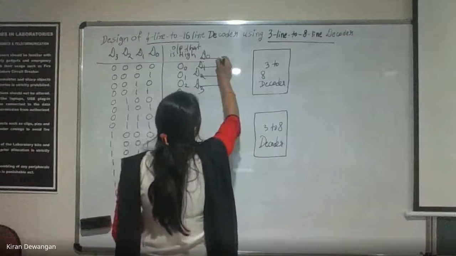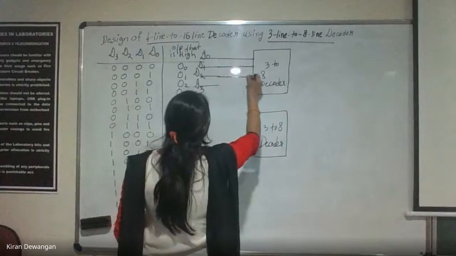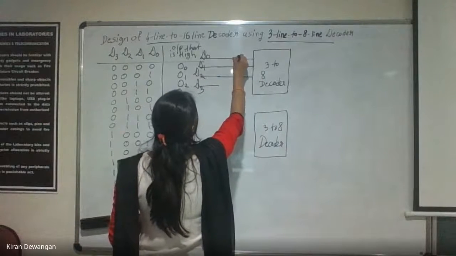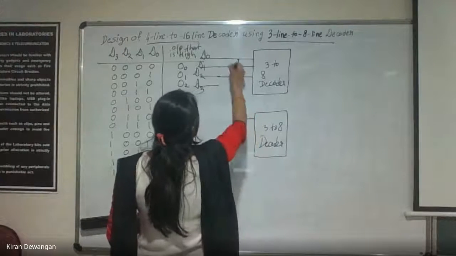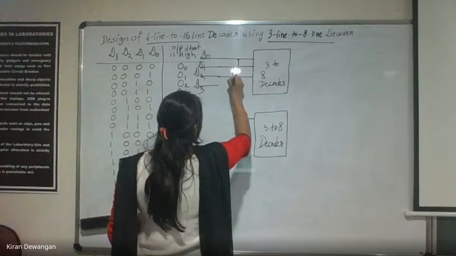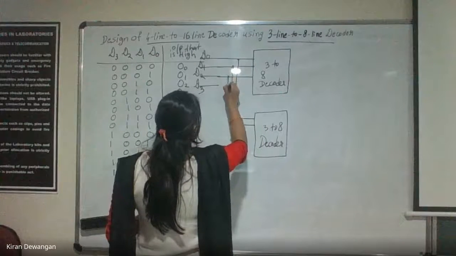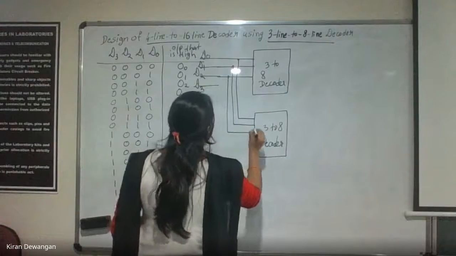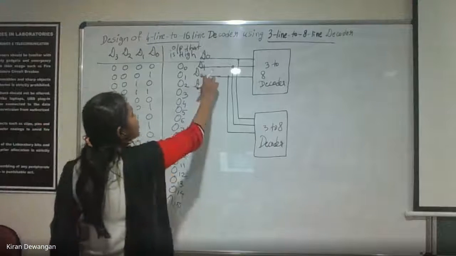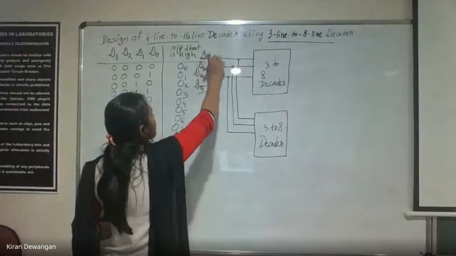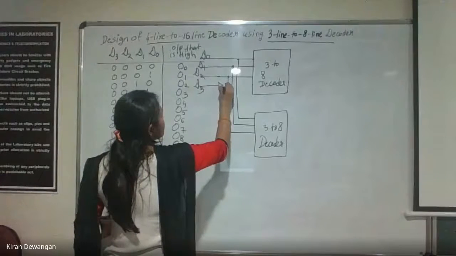We'll be giving these 3 inputs to both the decoders. This is given here, and this is given to the second decoder also. So D2, D1 and D0 are given to both the decoders.